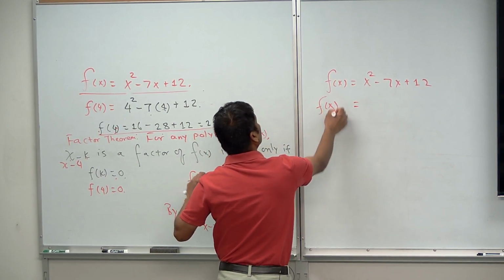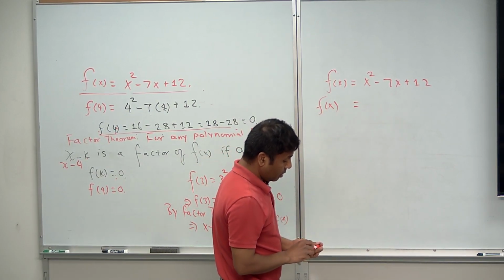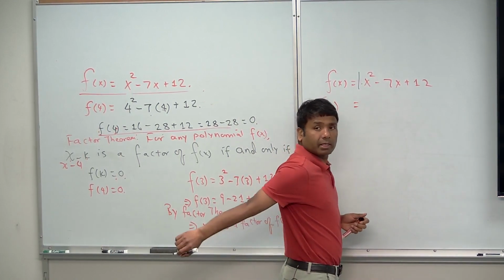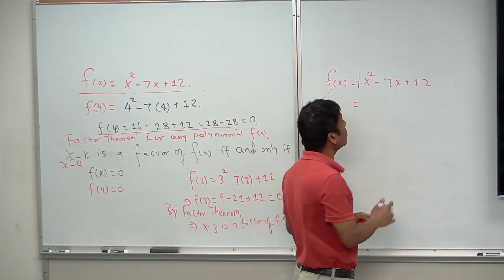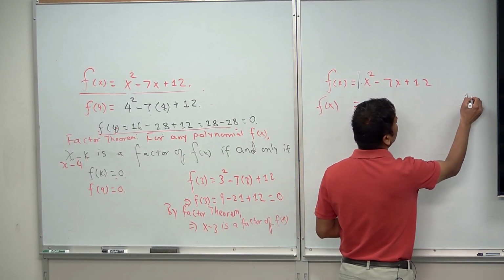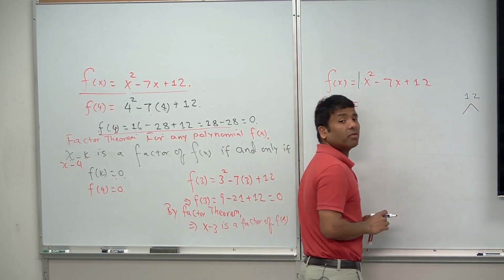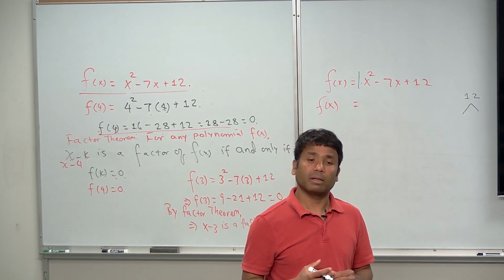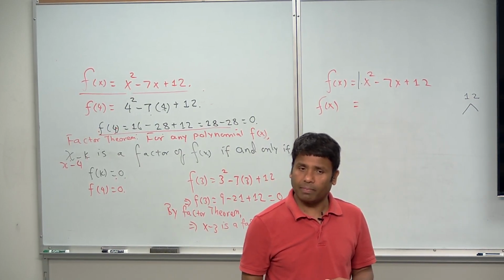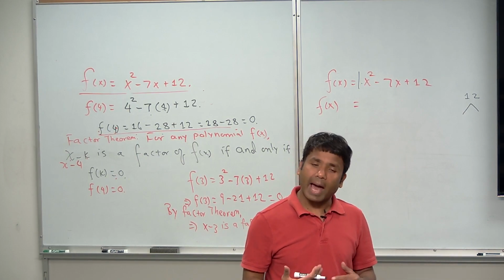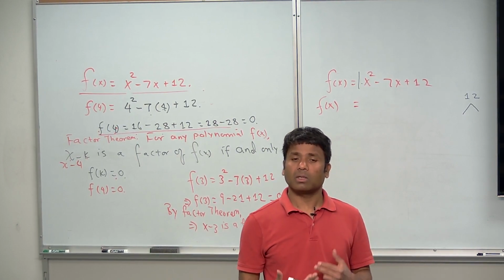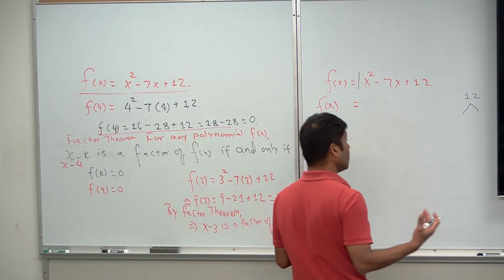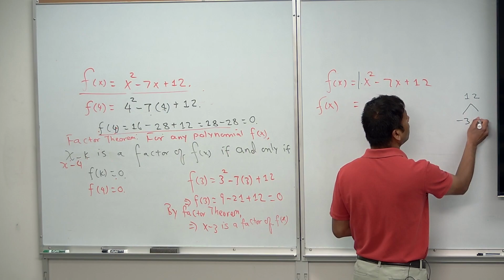The coefficient of x squared is 1, so 1 times 12 is 12. Then you find the factors of 12 such that the sum is negative 7. What are the factors of 12 such that the sum is negative 7? Exactly. Negative 3, negative 4.